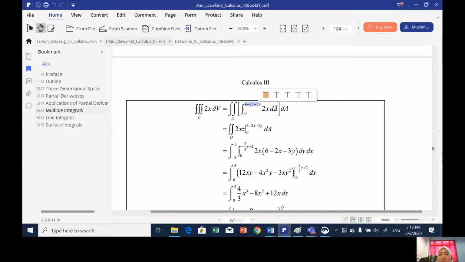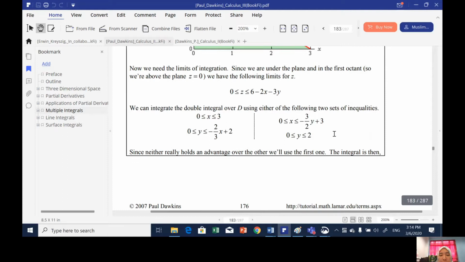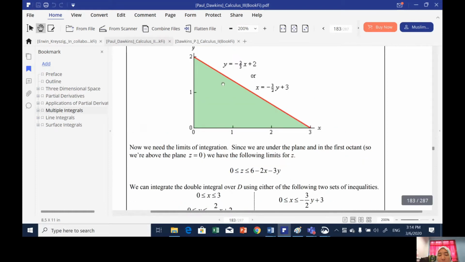Then between y and x, we refer to the limit for y. If we decide to set x from 0 to 3 as the fixed limit, x will be the outer one. Then y will be our region here.